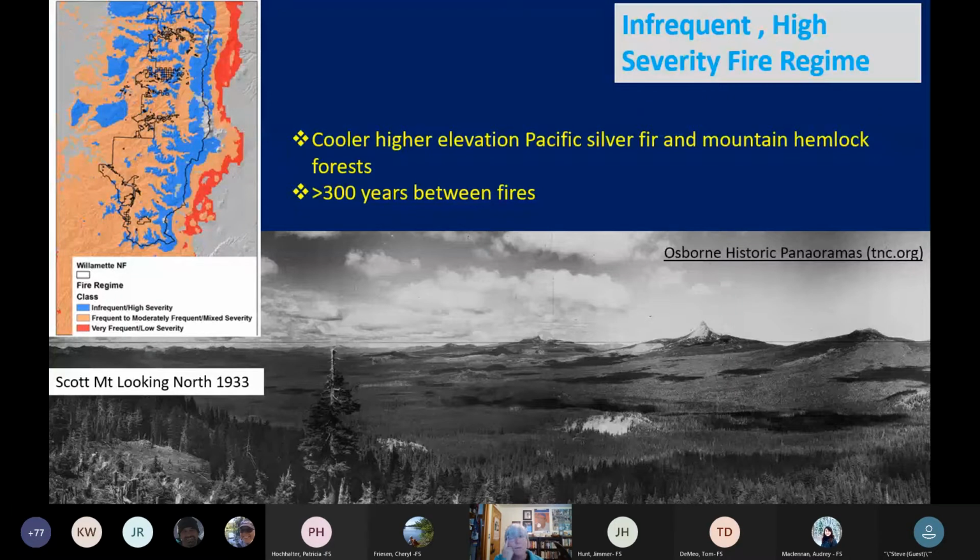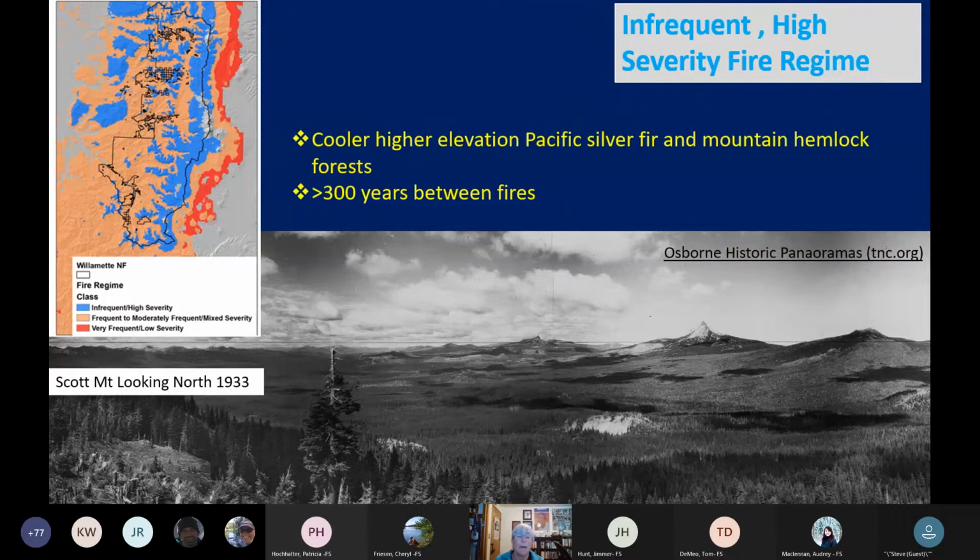This particular fire regime is most common, as you can see from the map, in our cooler, higher elevation Pacific silver fir sites and in our mountain hemlock forests along the Cascade Crest. There often are several centuries of fire-free periods between fires.